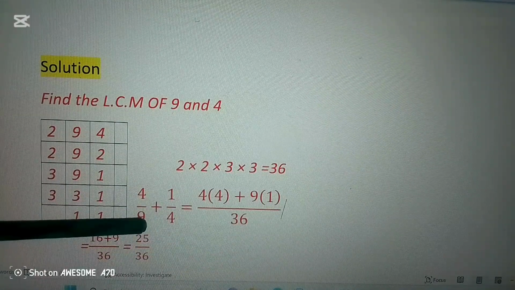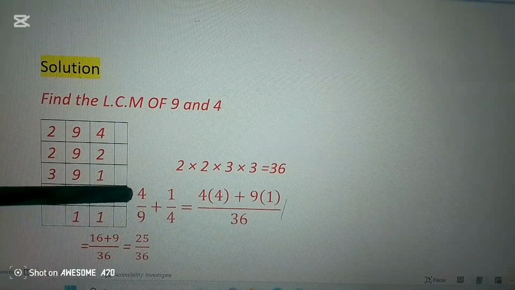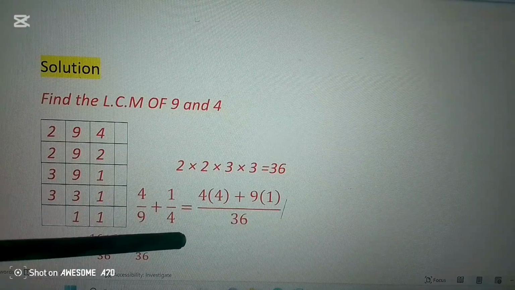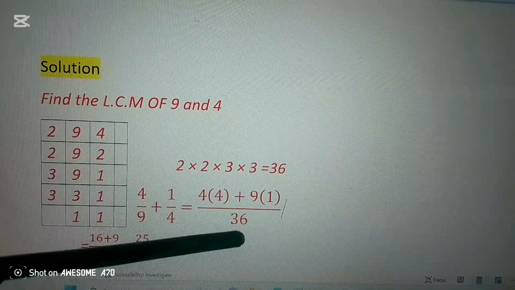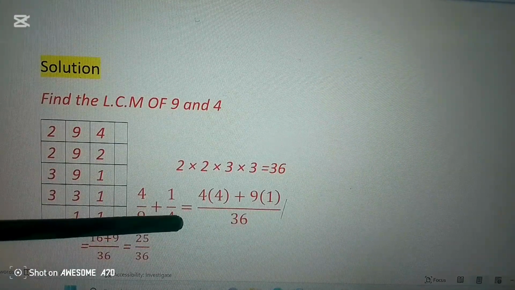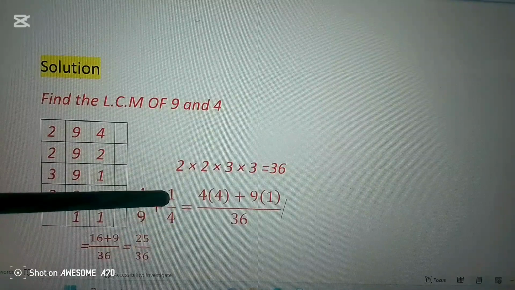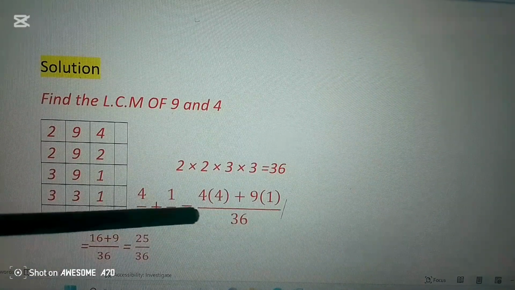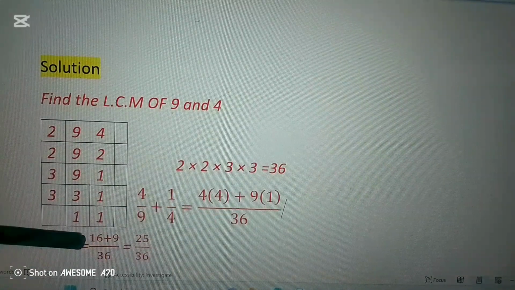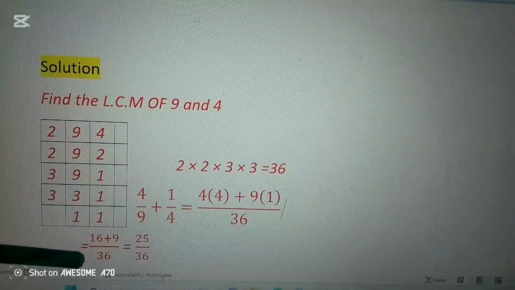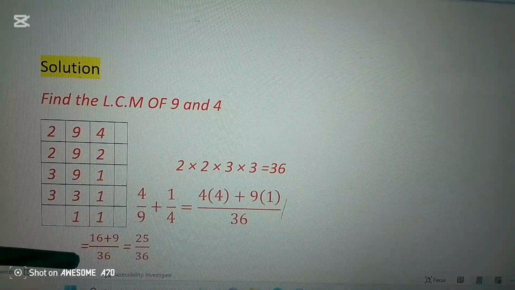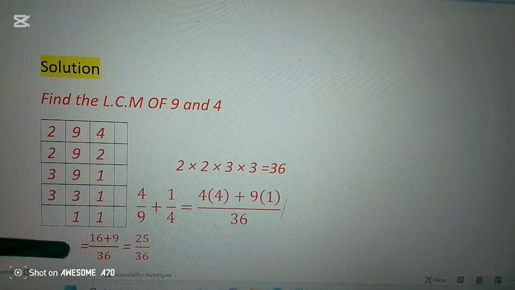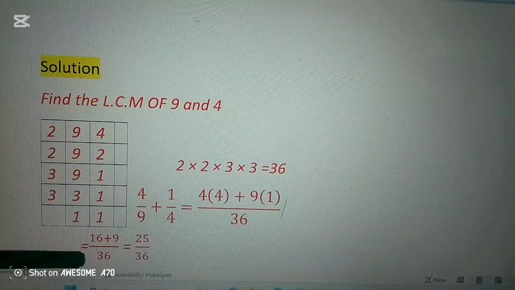36 divided by 9 is 4, 4 times 4. Then the other one, 36 divided by 4 is 9, then 9 times 1. So we are having 4 times 4 on the numerator, which is 16, plus 9 times 1, which is 9, over our denominator, which is 36.